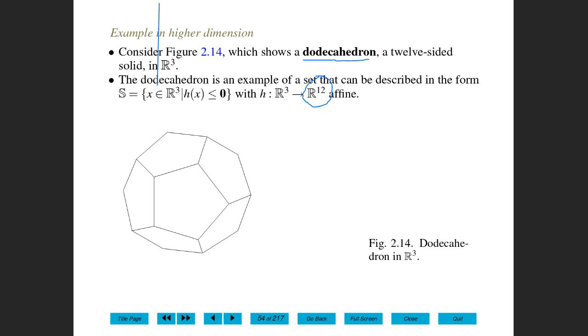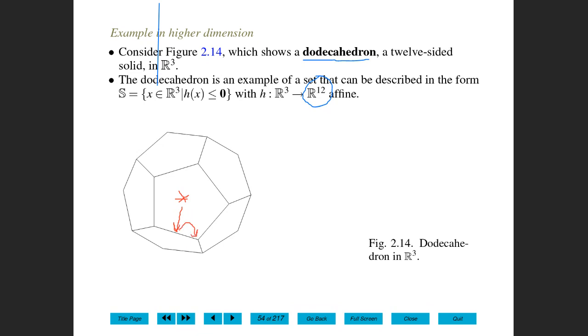If more constraints are active, what would happen? We would move from the face to an edge, to a vertex.